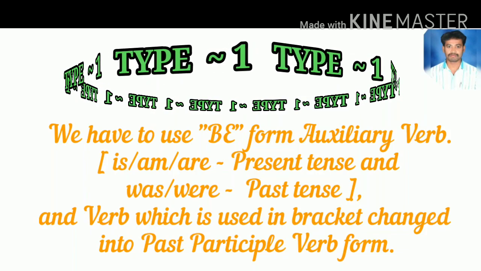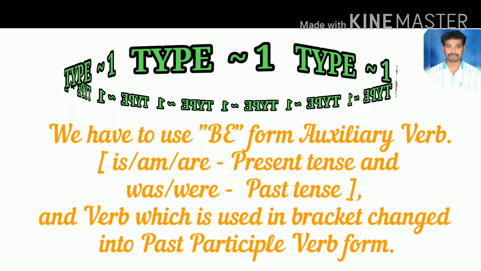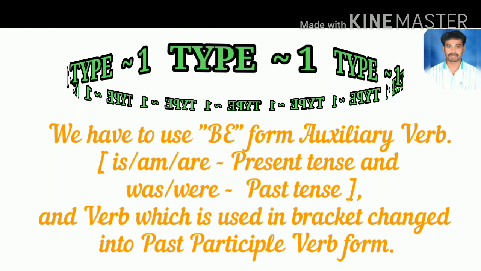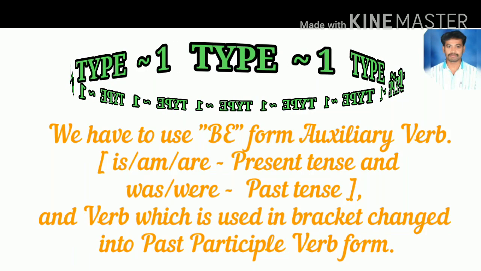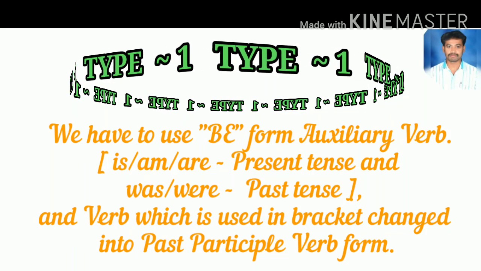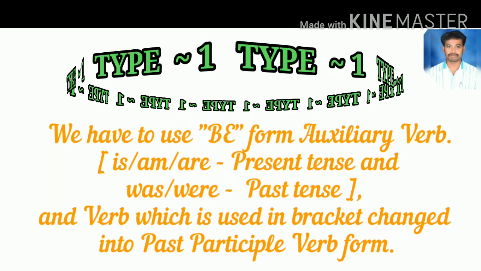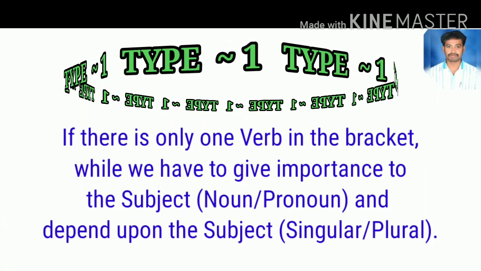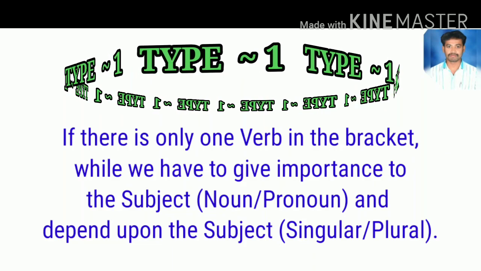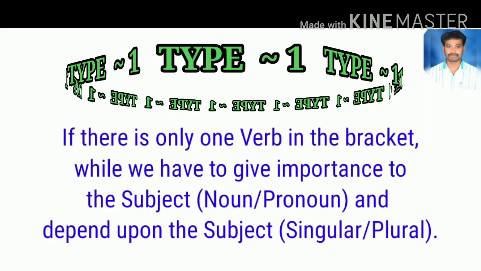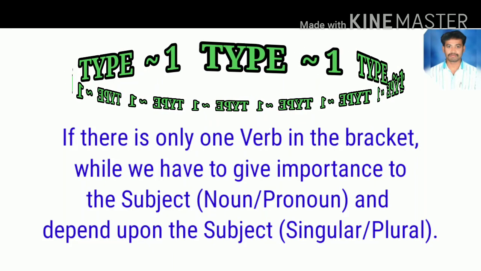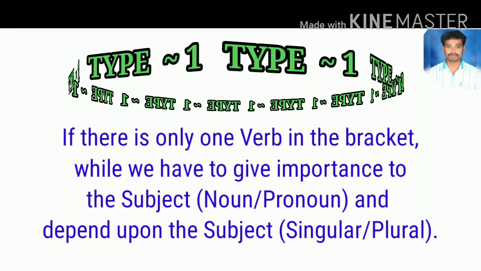And the verb which is used in the bracket changes into the past participle verb form, that is V3. So V1 changes into V3. Now let us once again recall this. If there is only one verb in the bracket, we have to give importance to the subject.